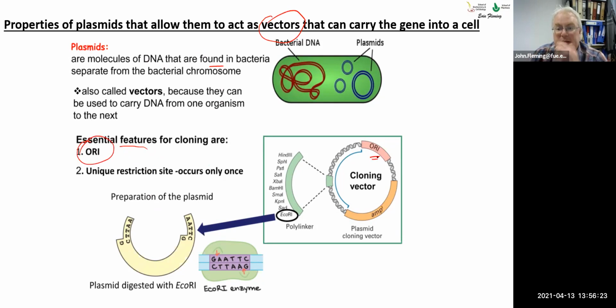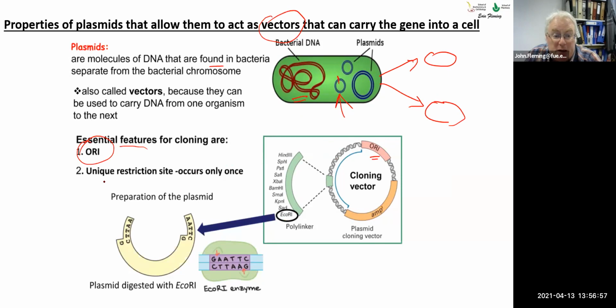When we put the plasmid into a bacterium, there is an origin of replication, so that when the bacterial genome is being replicated, the plasmid DNA, the circular DNA, also becomes replicated. That means that when the cell splits into 2 bacterial daughter cells, they will also continue to have the plasmid in them. So that's an important feature.